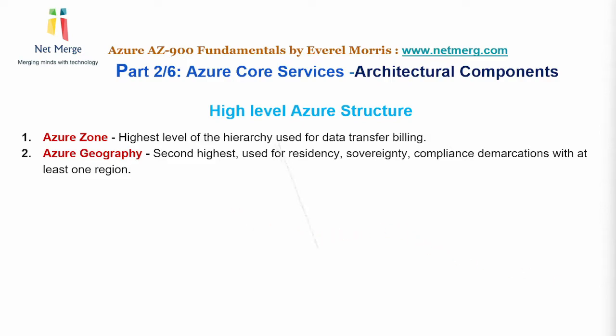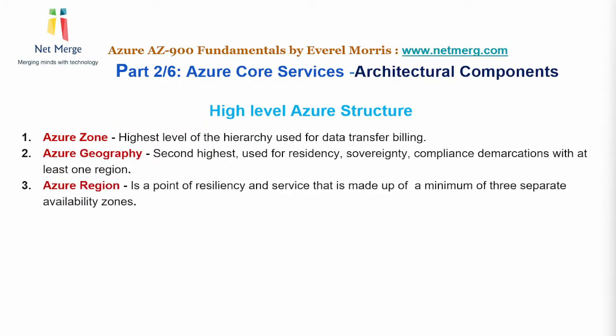Next, below the geography is the Azure region, and it is the first actual physical point of contact in the resilience structure. So it is actually a part of the core infrastructure that we'll be talking about. A region is a combination of 3 or more availability zones or data centers.